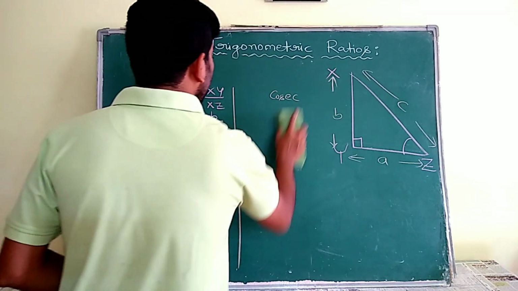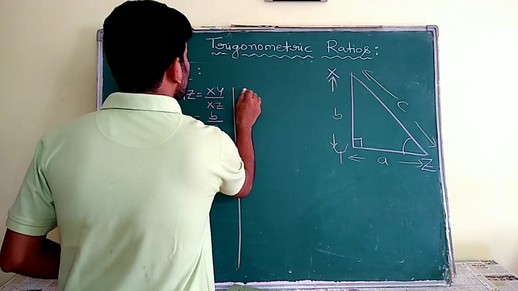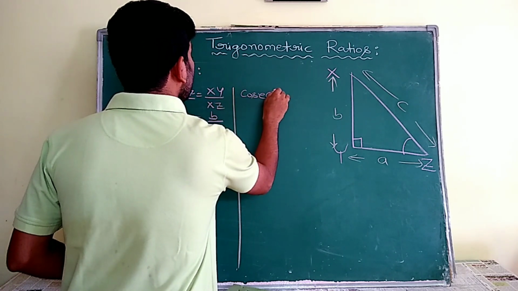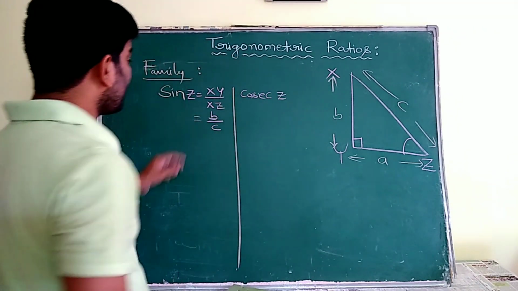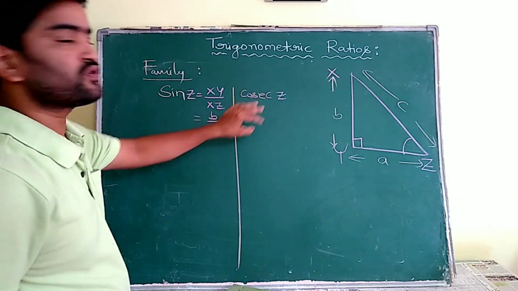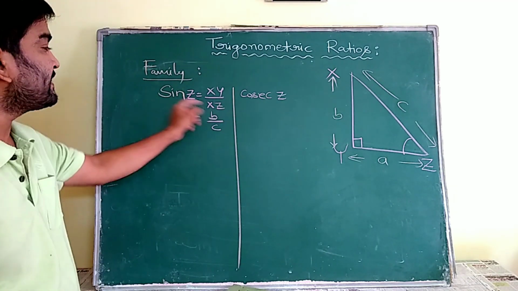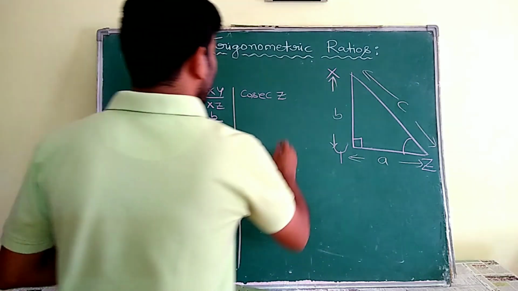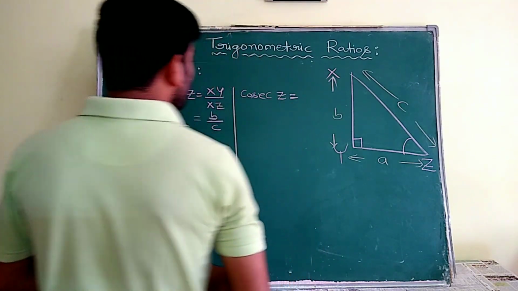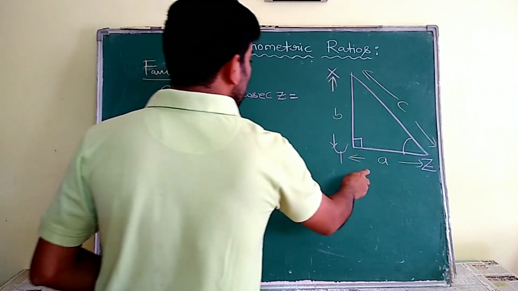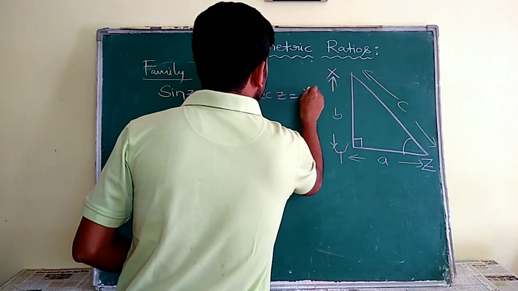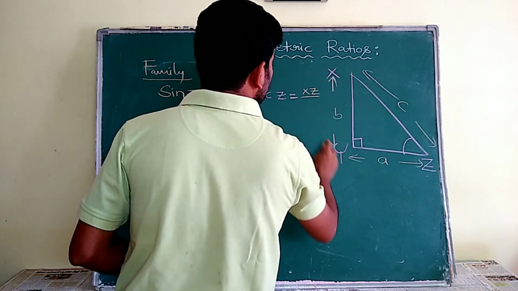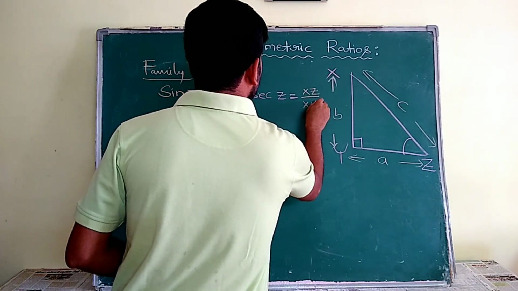If I want to write cosecant z, as we know the reciprocal value of sin z is cosecant z, directly we may write cosecant z is equal to c by b. Else, if you follow the formula, z's hypotenuse is XZ, hypotenuse by z's opposite side is XY.